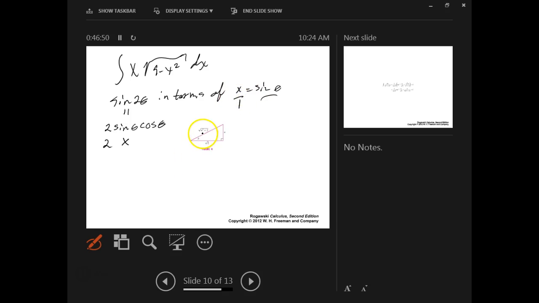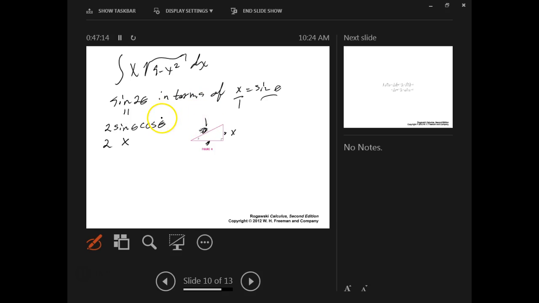And using this theta, what would you have? You have x. Which one? Okay. X over here. And 1 is the hypotenuse.